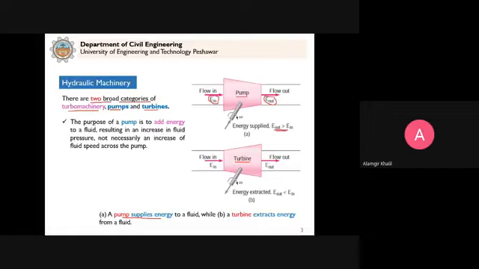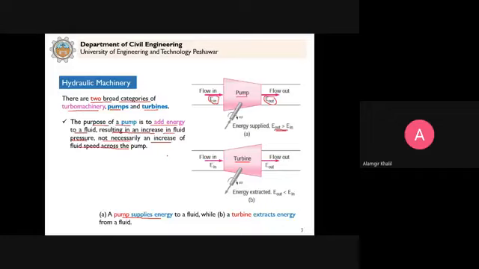So what we say is that the purpose of a pump is to add energy to a fluid, resulting in an increase in fluid pressure, not necessarily an increase of fluid speed across the pump. So a pump basically adds energy. That's why we are able to lift water from one elevation to another.